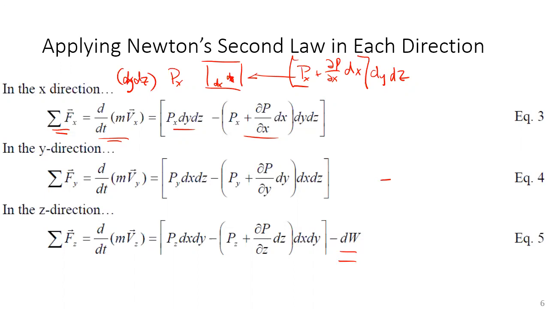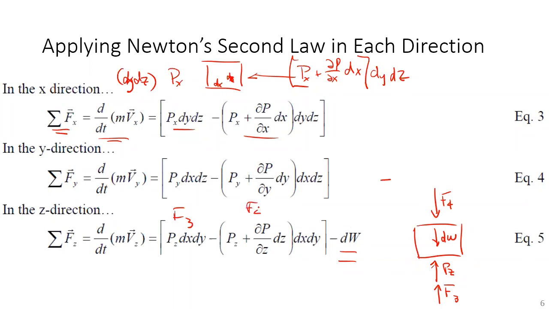So again, on the bottom of this cube, this was pz, and so this might be the force on the bottom. Let's call that F3. On the top, we had a pressure distribution, call that F4, and then we had the weight dW. So this is F3 acting upward.